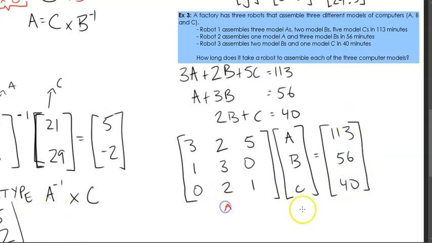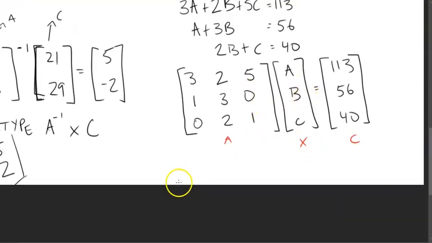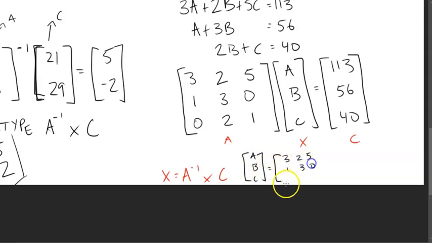Matrix A, matrix X, and matrix C. If we want to find matrix X, we just find the inverse of A and multiply it by C. Or in other words, the inverse of 3, 2, 5, 1, 3, 0, 0, 2, 1 multiplied by 113, 56, and 40.